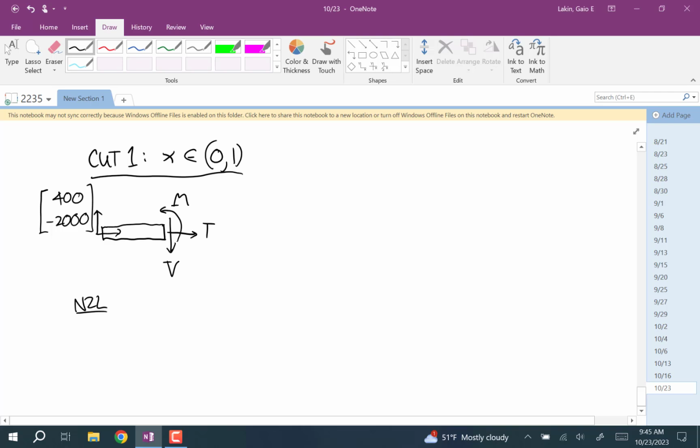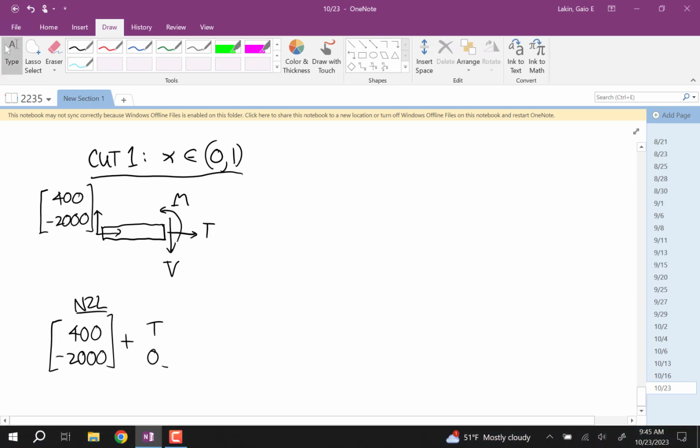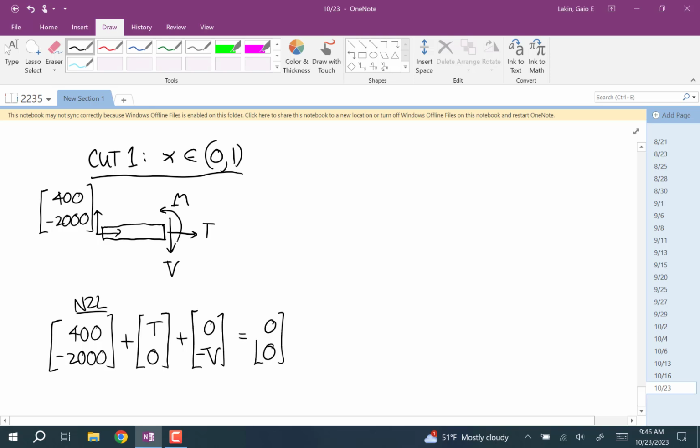So Newton's second law says 400, negative 2,000 plus T, 0, plus 0, negative V is equal to zero.